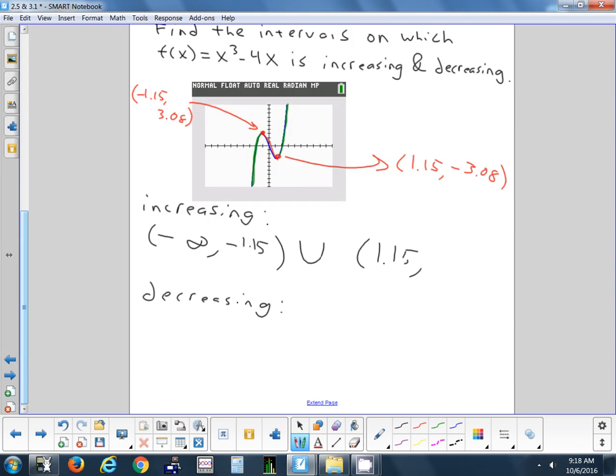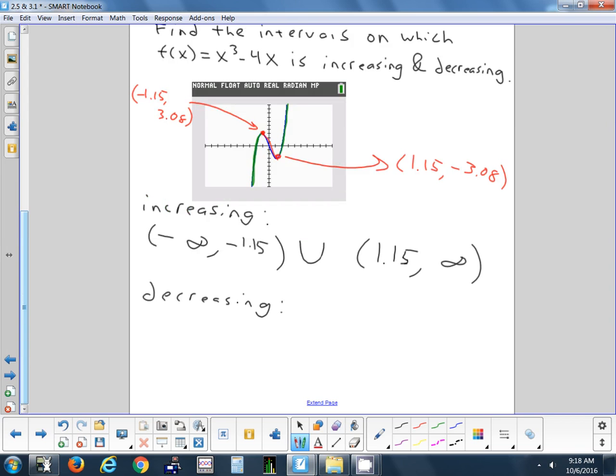That's not how it's supposed to look. How it's supposed to look is like this. What the calculator was trying to do was connect each section that shouldn't be connected with a vertical line. That's why you saw all those vertical lines.